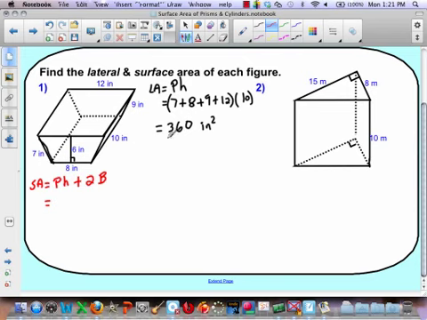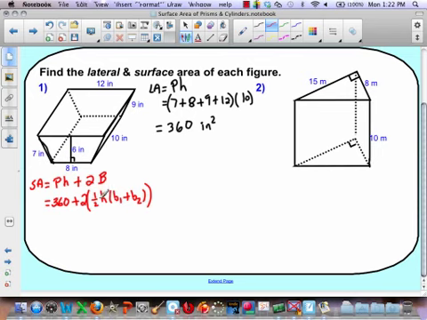We already found that. 360. Okay, what shape is my base? Trapezoid. Use your formula sheet. How do you find the area of a trapezoid? 1/2 the height times base 1 plus base 2.